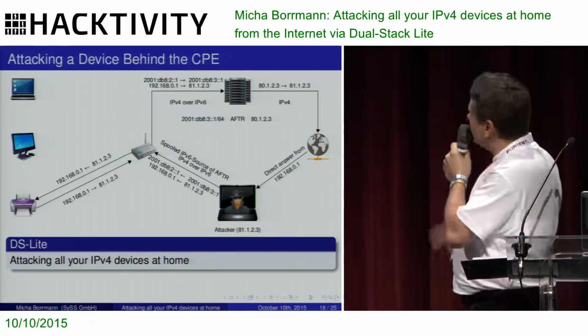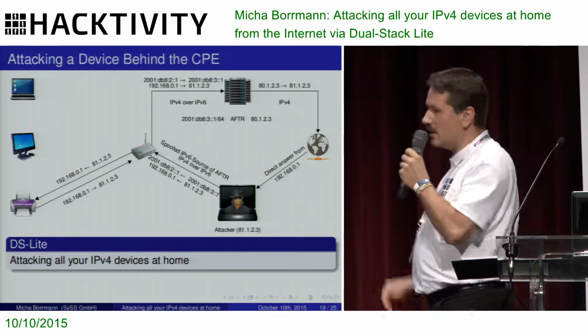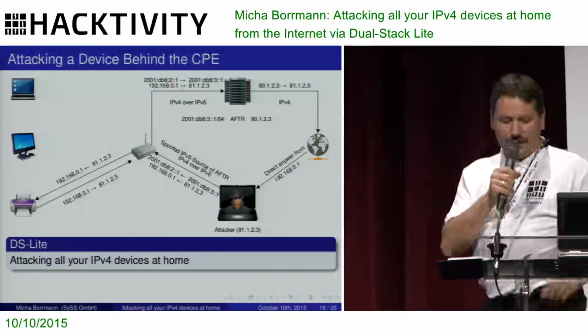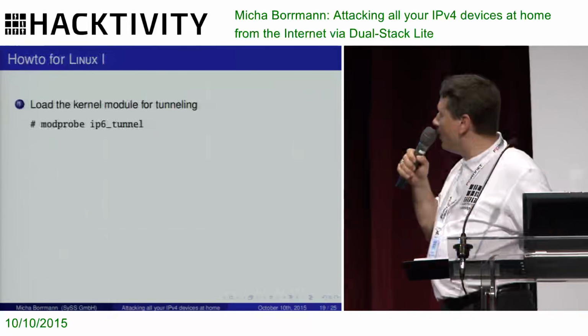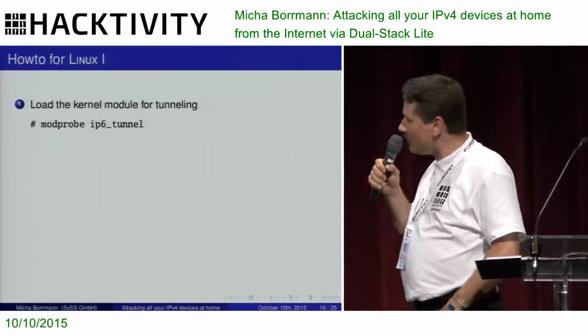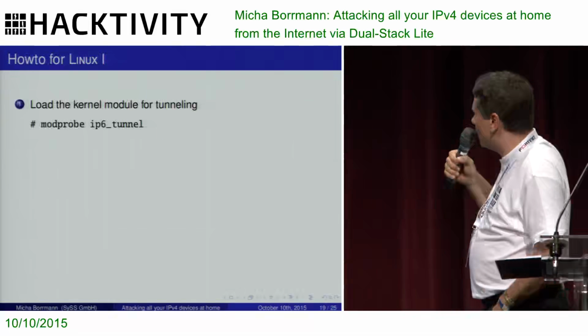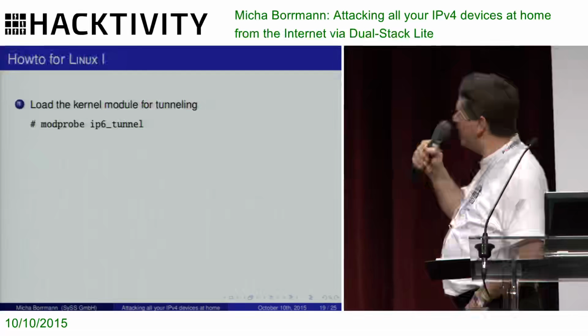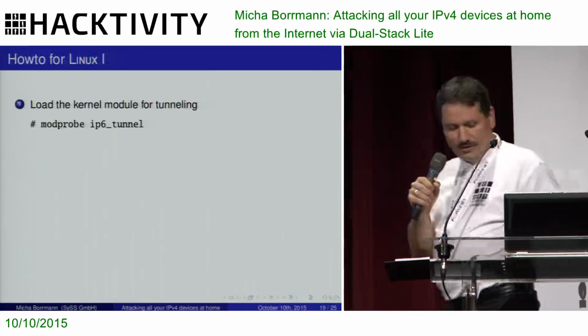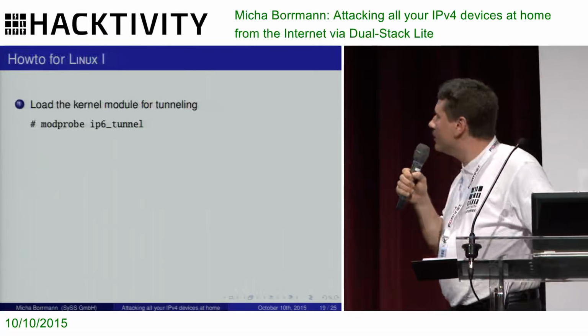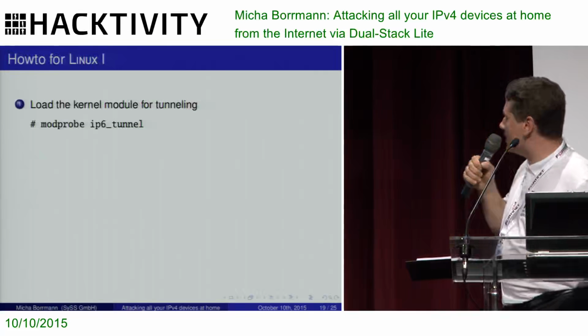Is this running only on these presentation slides here, or is it running really? Well, here's a small how-to for Linux. It's quite easy to perform. It's really a workshop how-to here. You have to enable a kernel module for IPv4 and IPv6 tunneling.